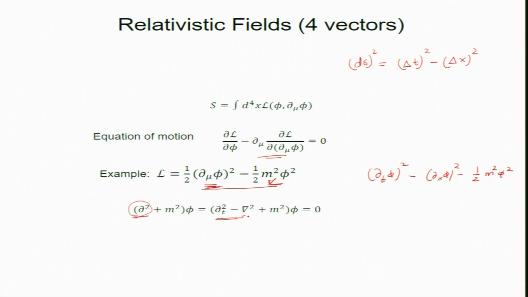In 1D it is going to be d by dx, like that, but in 3D it is going to be the Laplacian. All of you know it, with the double derivative with y, double derivative with z, they are all added up. So this is the equation of motion for a scalar field with a mass parameter m.